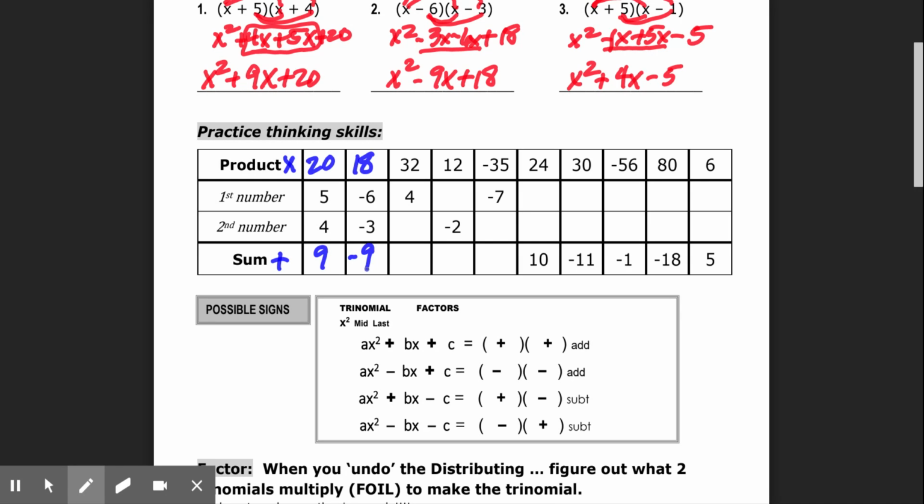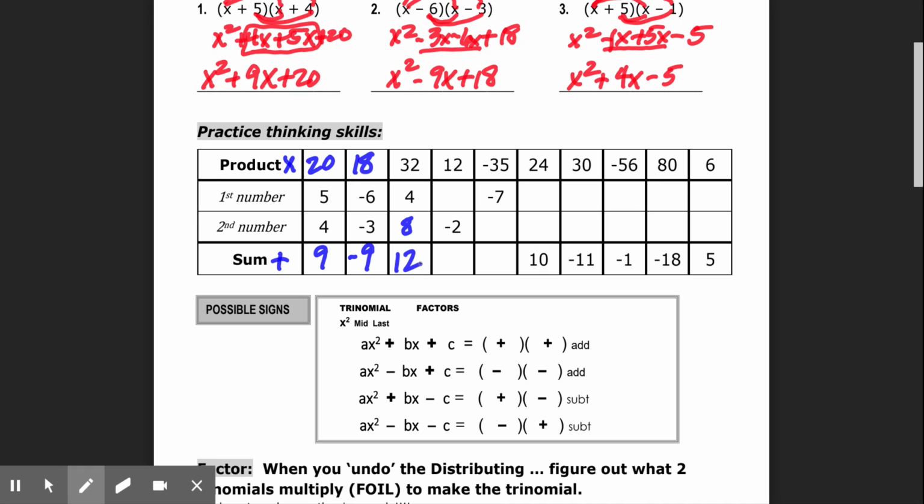Now we get to this next one, and we notice that one number is given and the product. So we have to find the second number. 4 times what is 32, or you could take 32 divided by 4. That will give you 8. And then the sum of 4 and 8 would be 12.